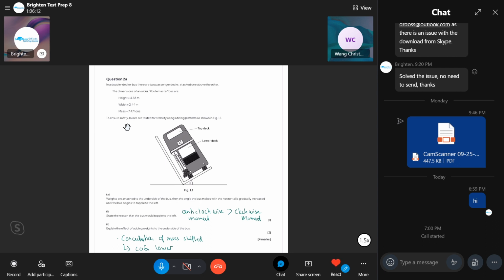We use the width. Okay, so the width of the bus is basically like here.